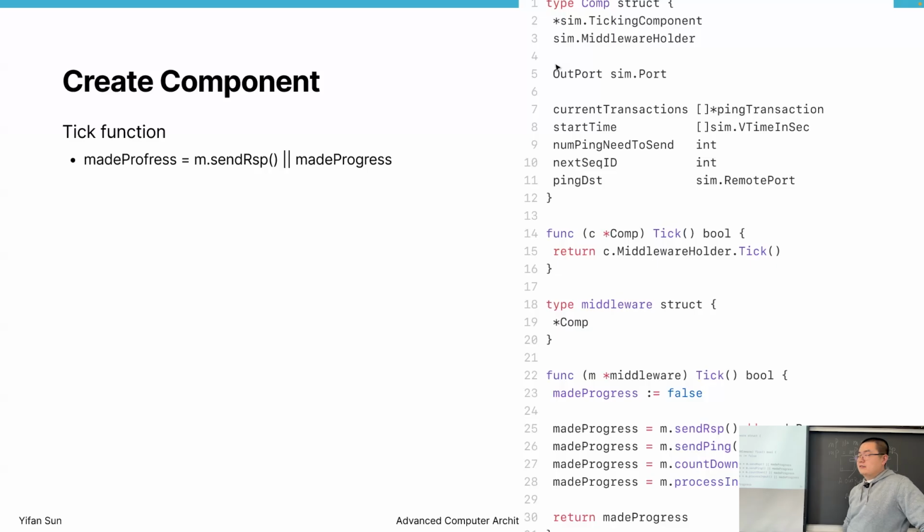Yeah, right. So in Go and in most programming language syntax, if you have an or, if the first part is true, then it will consider the final result is already available. So there's no need to evaluate the second expression. So we have to make sure we evaluate this one, then or made progress.